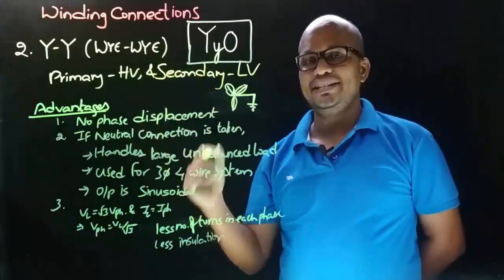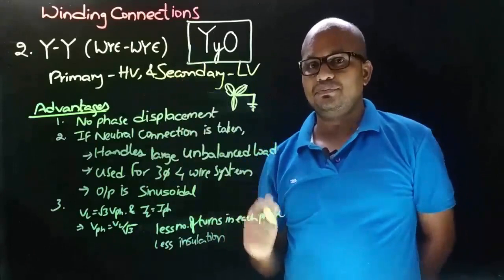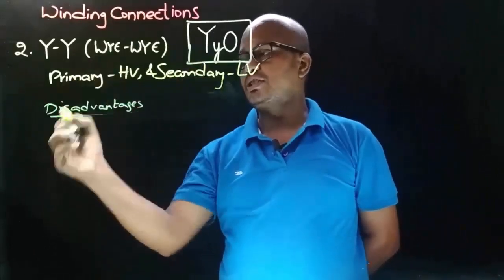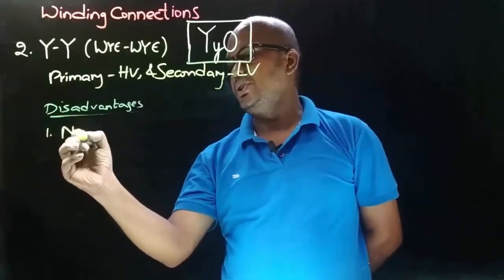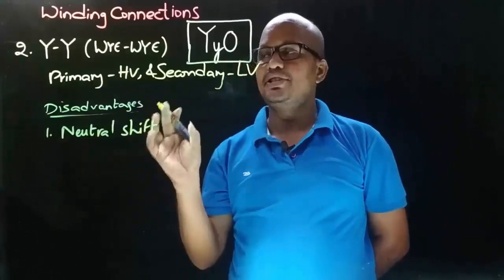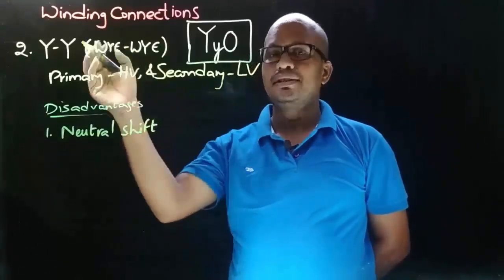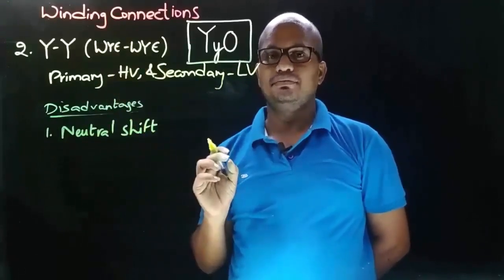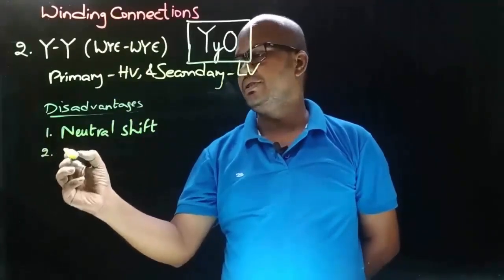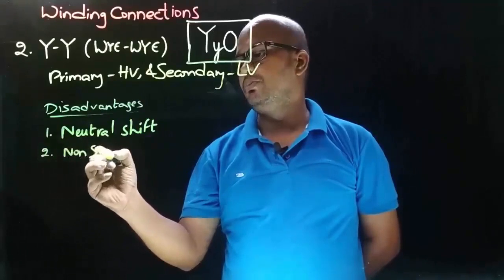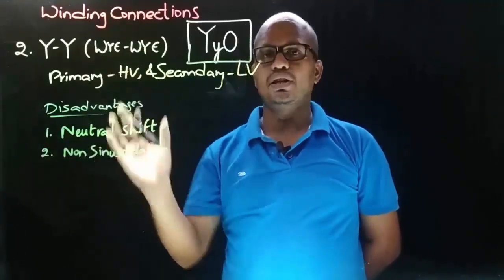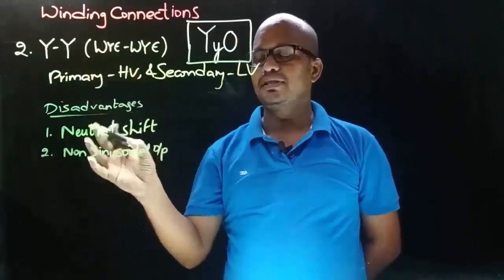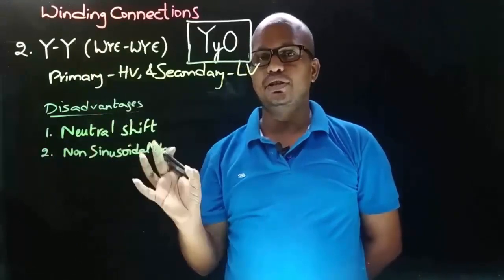Now let's move on to the disadvantages of star-star connection. The main disadvantage of star-star connection is neutral shift, means there is oscillating neutral in star-star connection, and to reduce that, neutral connection is taken. And the second disadvantage is non-sinusoidal output. As there is no neutral connection, the output from star connection is non-sinusoidal.